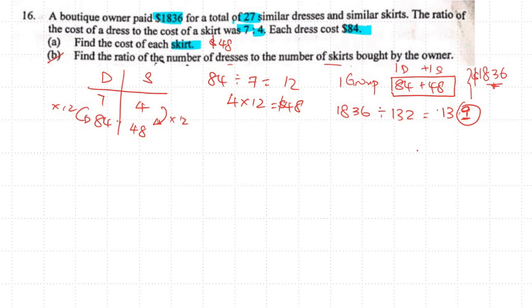Okay, so 13 groups and remaining 9. How can that be, right? Because it says it has a total of 27 similar dresses. So if 13 groups and remaining 9, so 13 and 9.